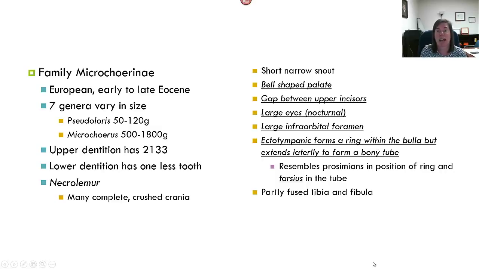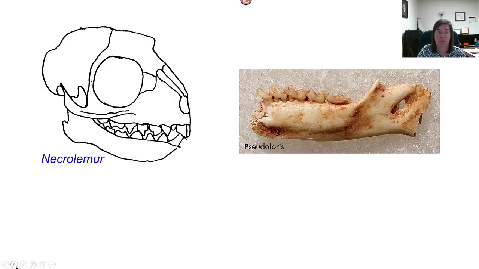The ectotympanic forms a ring within the bulla, but extends laterally to form a bony tube. And so it resembles prosimians in the position of the ring, but Tarsius in the tube. And it also has a partly fused tibia and fibula. So very, very interesting specimen. And so this is Necrolemur and Pseudoloris.